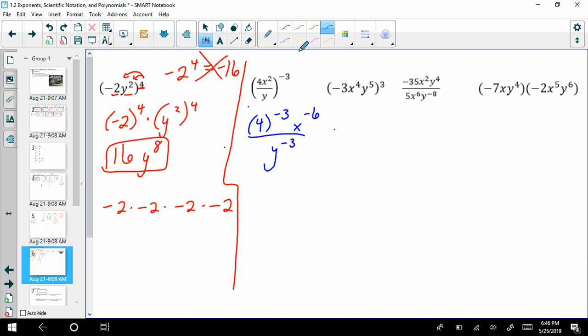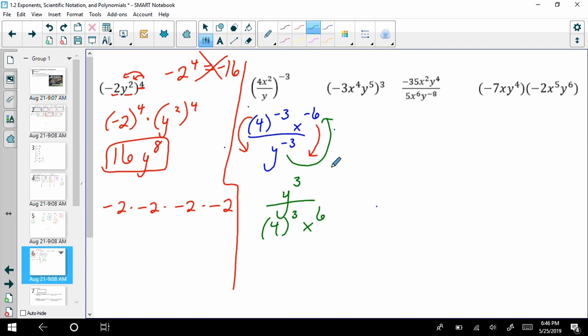Let's turn them positive. So the 4 to the negative 3 has to move down. The x to the negative 6 has to move down. And this guy's going to move up. That's how we're going to turn the exponents positive. So I'll now have a y to the positive 3, and in the bottom, I'll have 4 to a positive 3 and x to a positive 6.